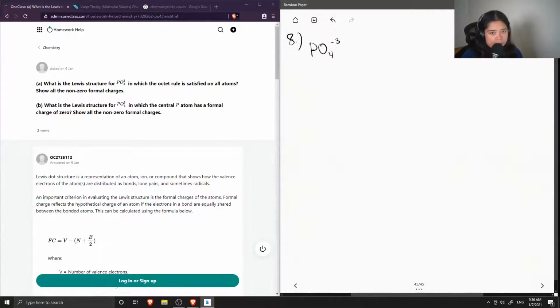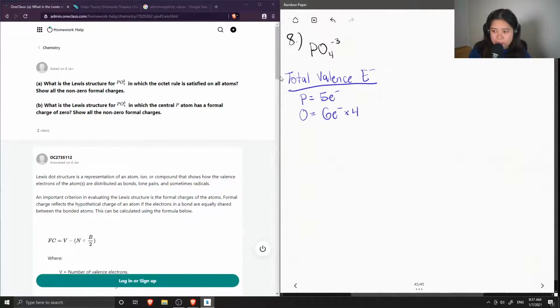Okay, so first let's calculate the total number of valence electrons. So a phosphorus atom has 5 valence electrons, oxygen has 6, and there are 4 oxygens.